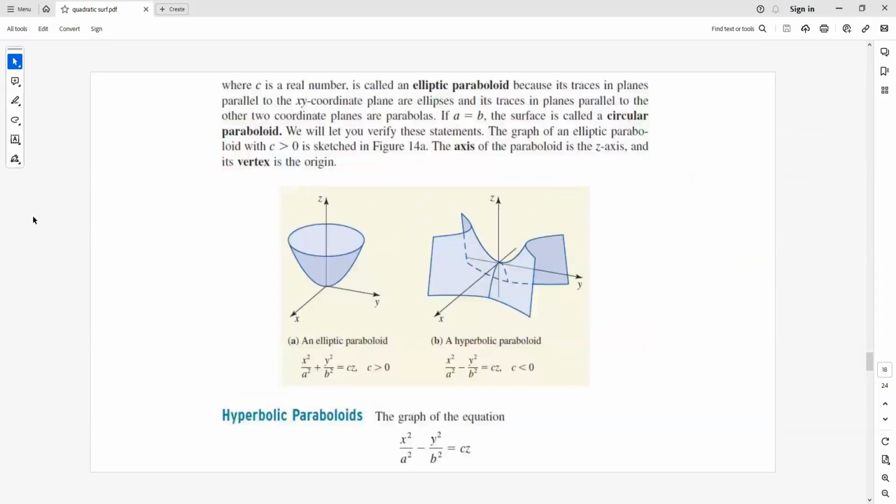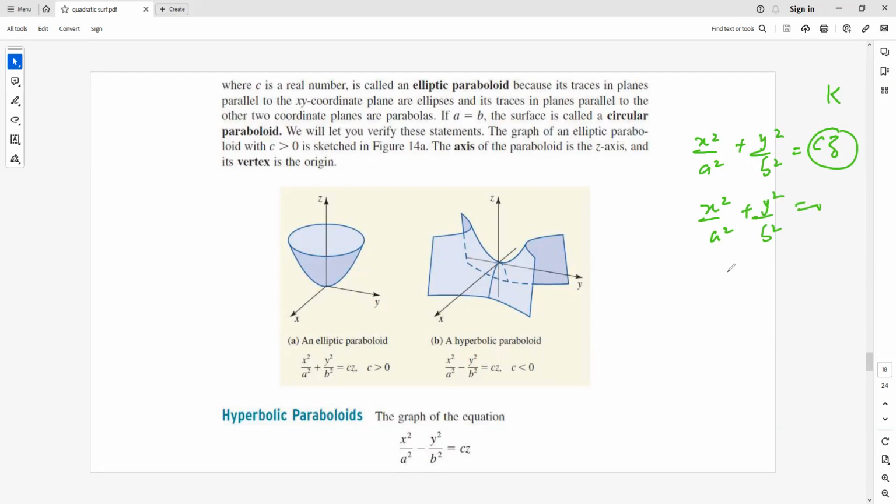So it's x squared over a squared plus y squared over b squared equals cz. Now, if we take this as a constant, for instance, if we make it k, then this is an ellipse, right, on the xy plane. So we will get ellipses. First of all, if we take z as 0, so at the origin, it will be simply a point.